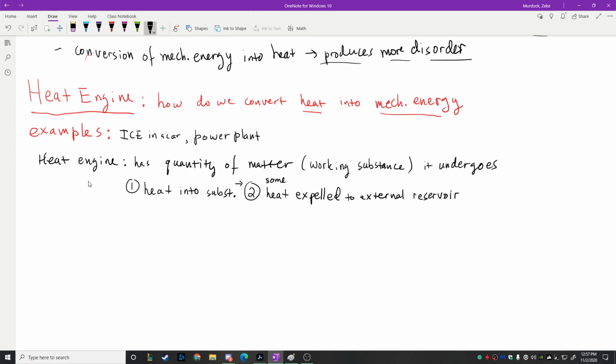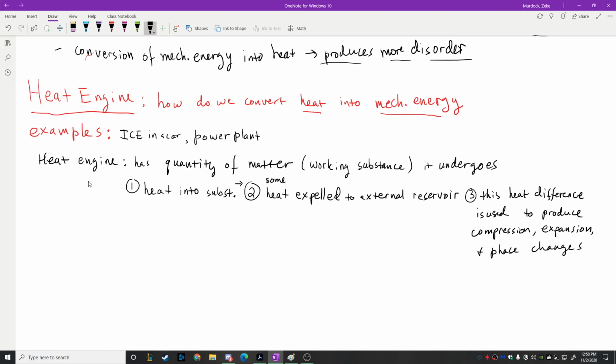This heat difference is used to produce compression of a gas, expansion, and sometimes phase changes that do work.